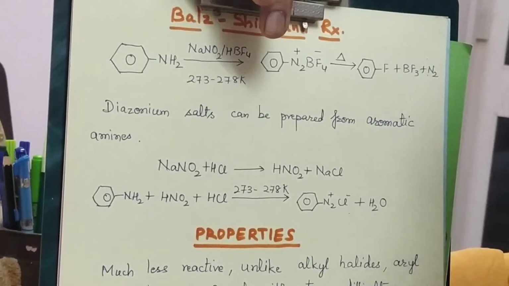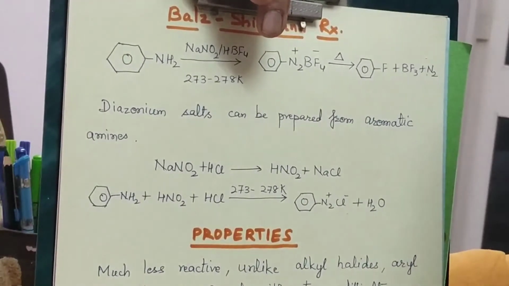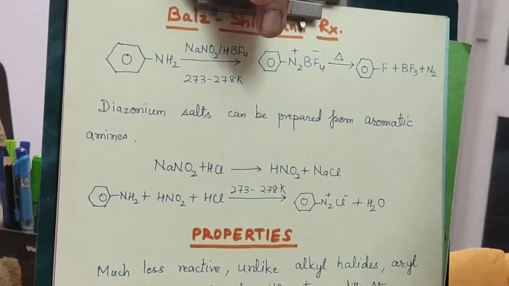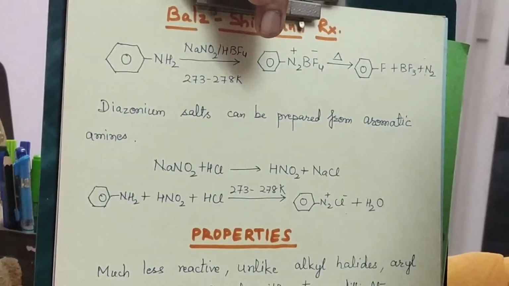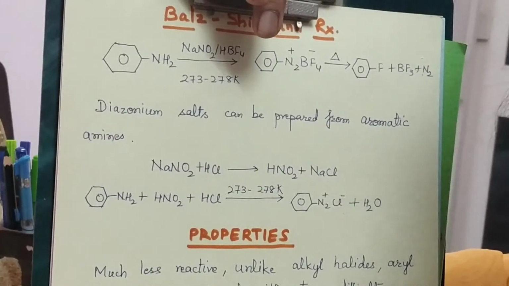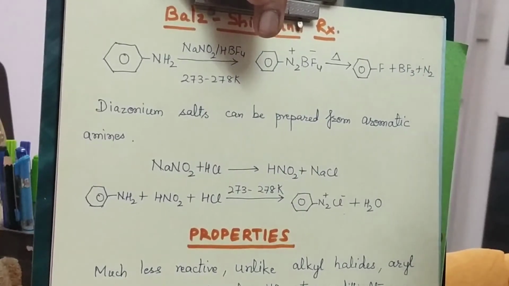Name a few: replacement by hydroxyl group, replacement by OR group, or maybe NH2 group, maybe cyano group, and we discussed that with almost every kind of nucleophile they gave you a product.